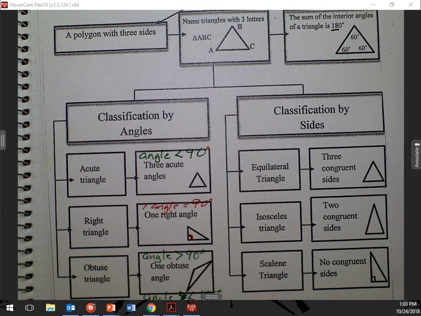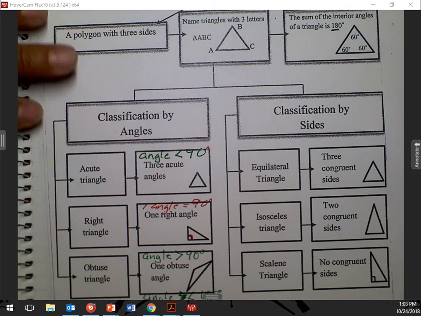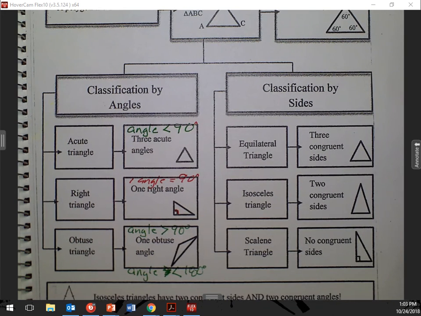It's going to be more than 90 but less than 180. Because all three angles in a triangle together have to be 180, it's not possible to have just one 180. What does the second one say? One angle equals 90 degrees.